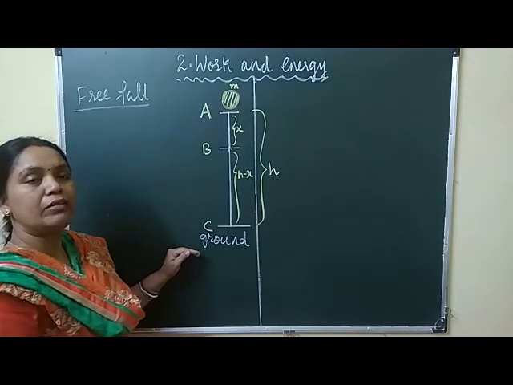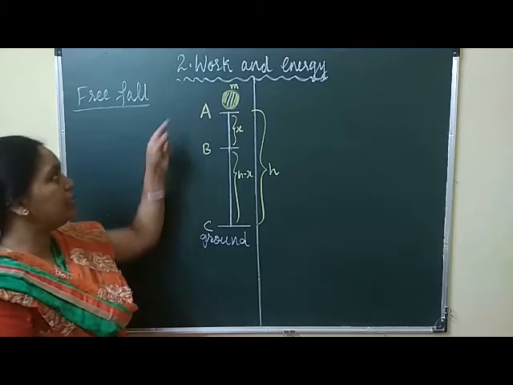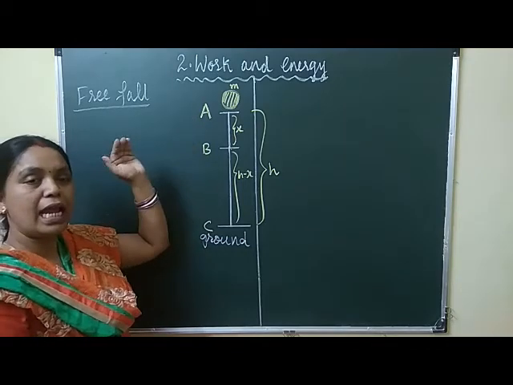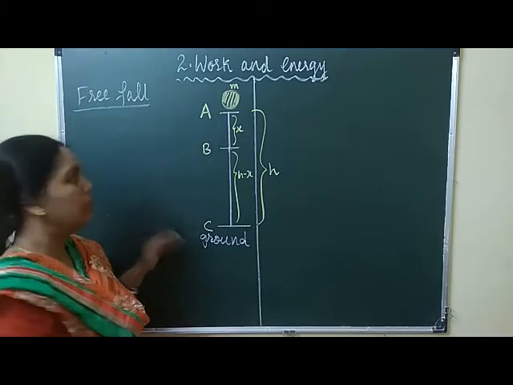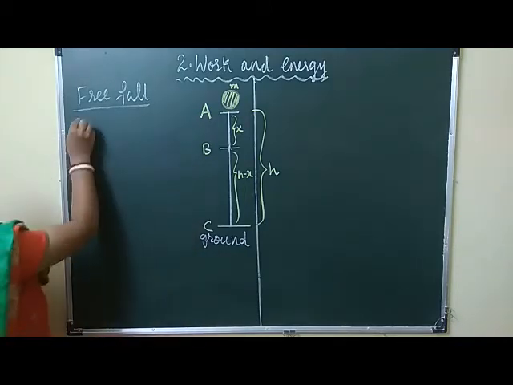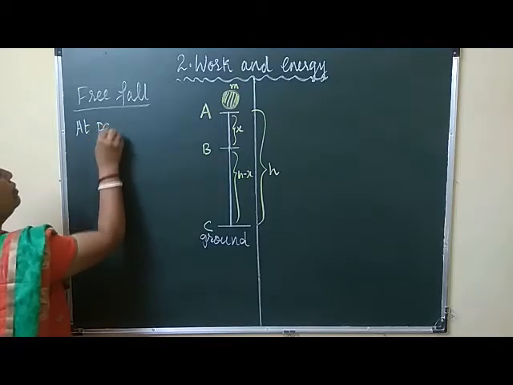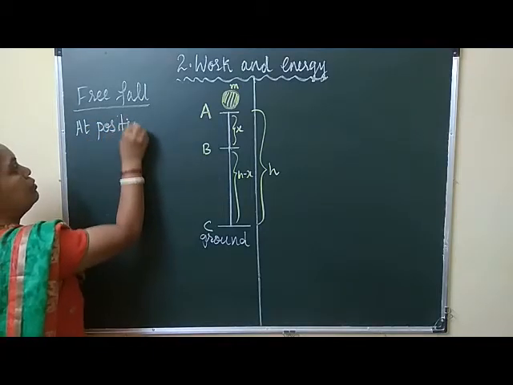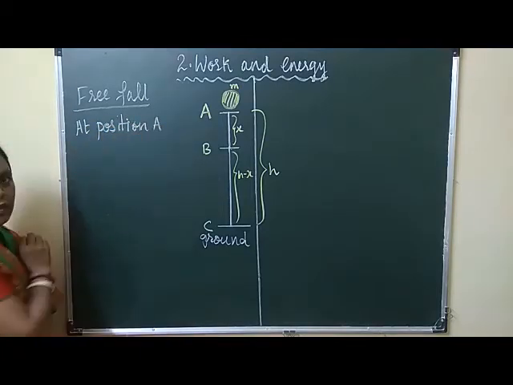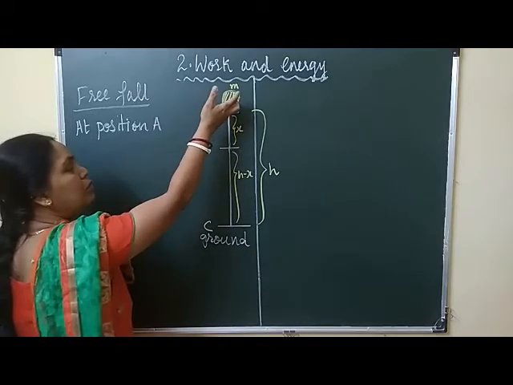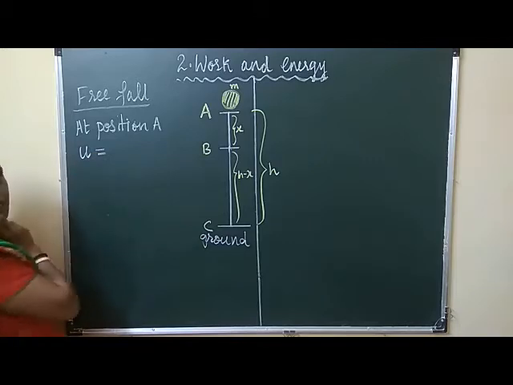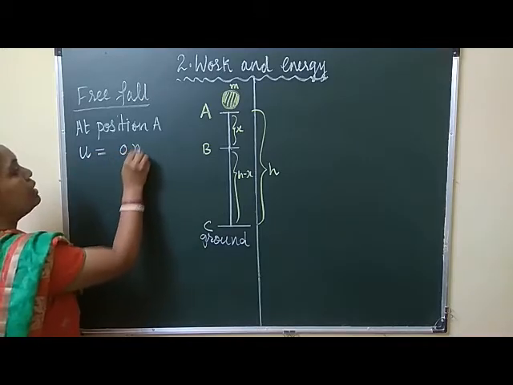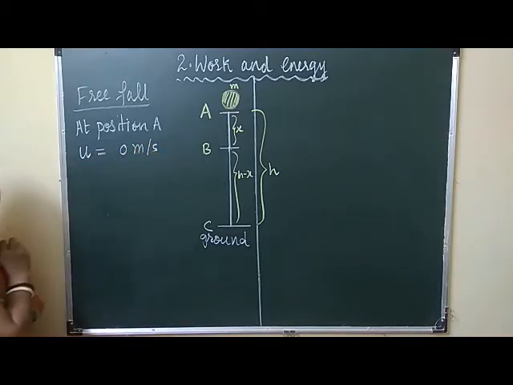We have to calculate kinetic energy, potential energy and total energy in these three different positions. Now, when the ball is at position A, the initial velocity is 0 meter per second.